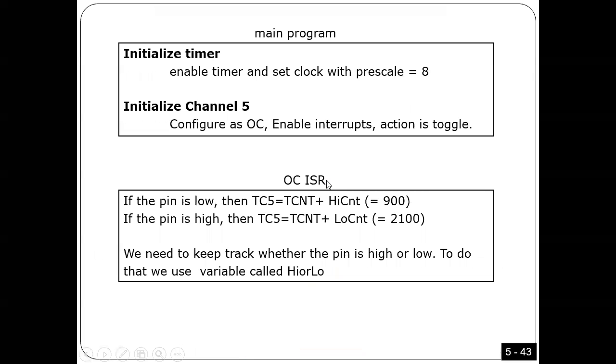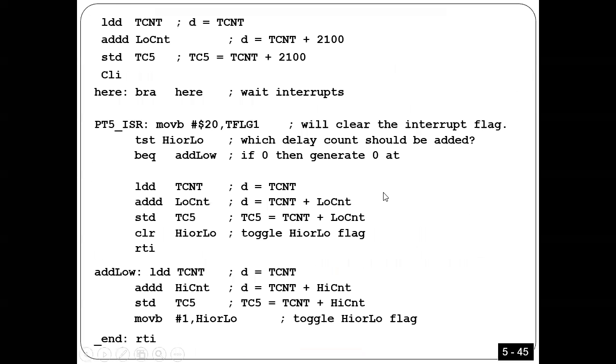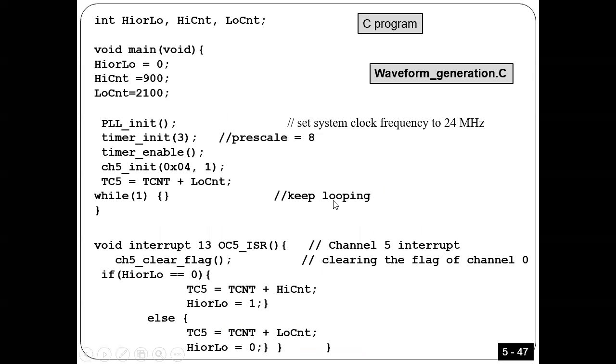As you see here in the program, this is the number of counts for high, and this is the number of counts for low. If you change this number, you can change the frequency easily.